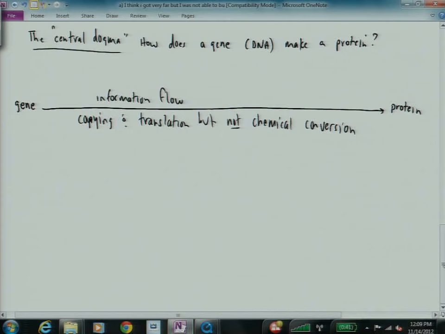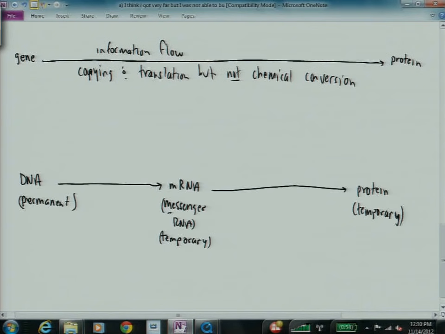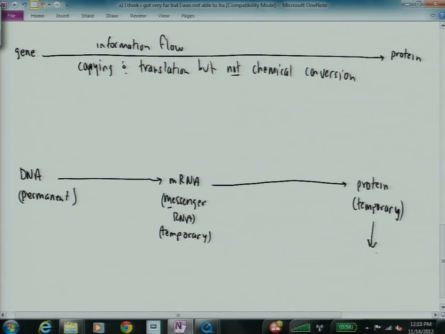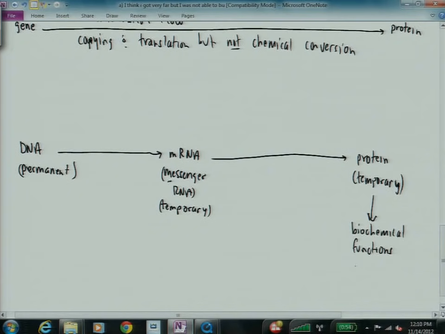And then that mRNA is used to make protein, which is also temporary. All proteins last for a certain amount of time in cells and then degraded and reused. And the protein here does the biochemical functions. Things like, eye color, PKU, etc.